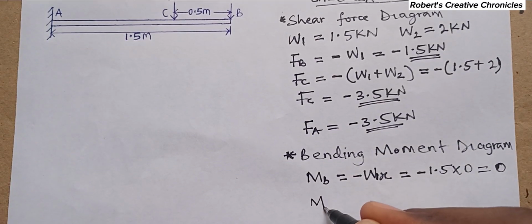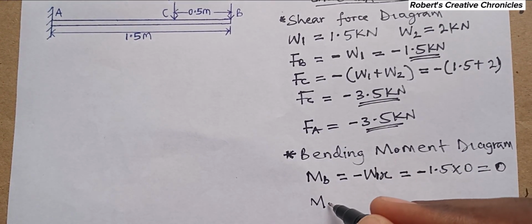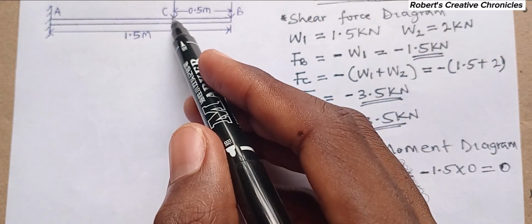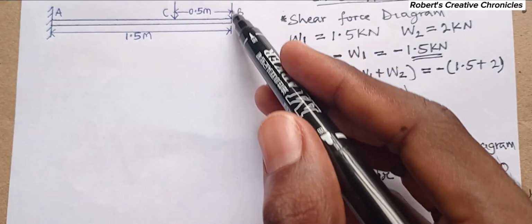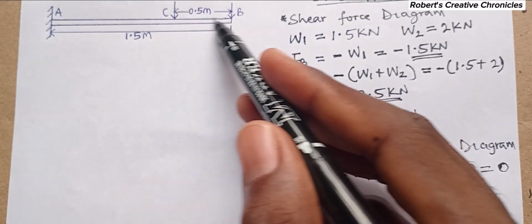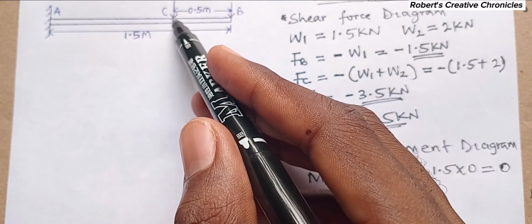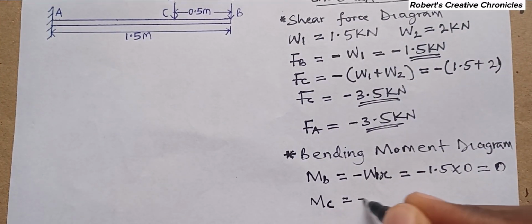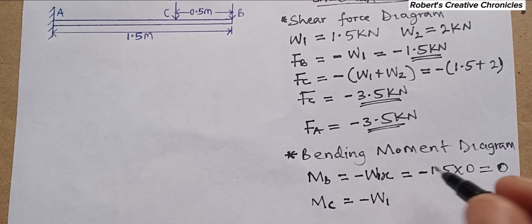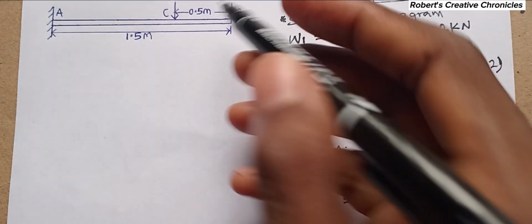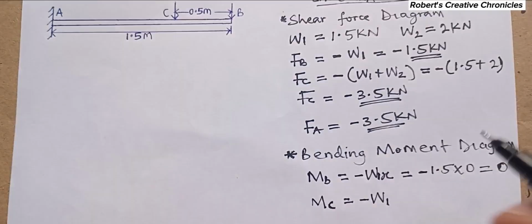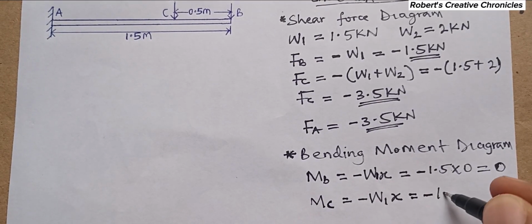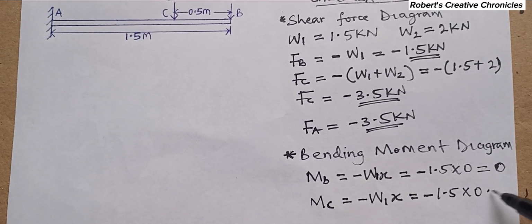So the bending moment at point C is what? At this point, the bending moment is the force acting downward times the perpendicular distance from that point. So here is the force, negative W1, times this distance x, which is negative 1.5 times 0.5.